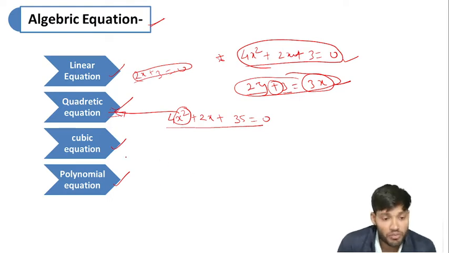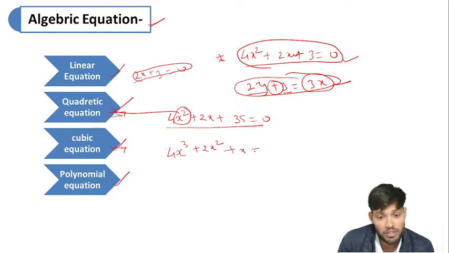Now, what is a cubic equation? The equation in which the maximum power of the variable is 3 is known as a cubic equation. Like 4x to the power 3 plus 2x to the power 2 plus x plus 3 is equal to 0.